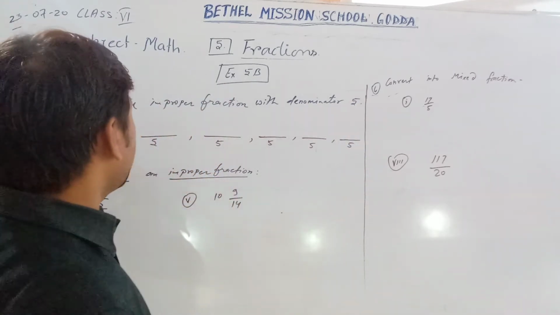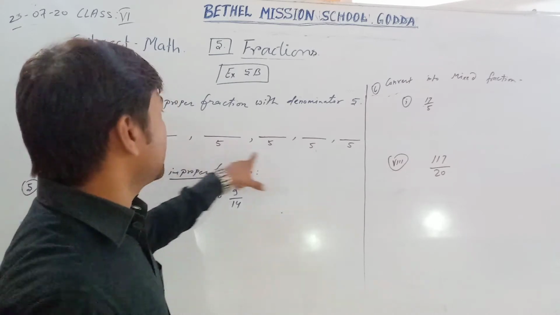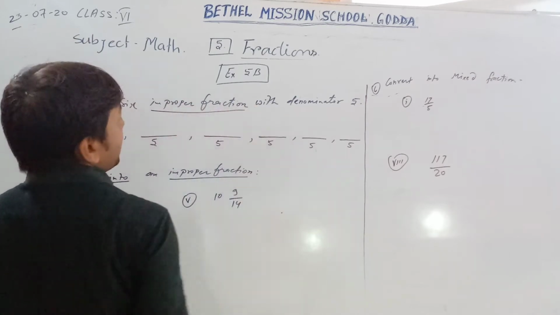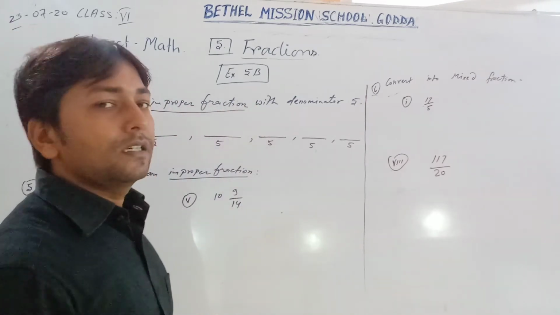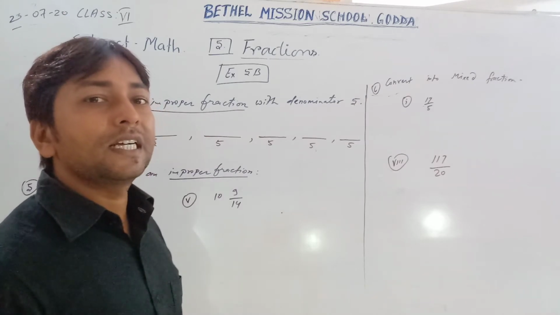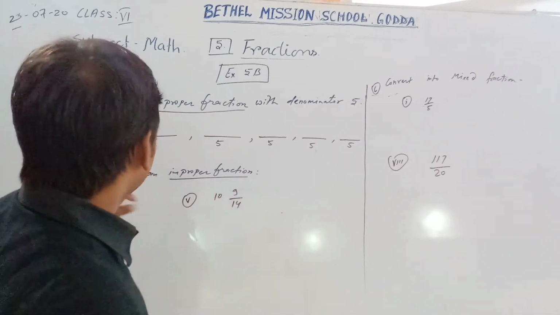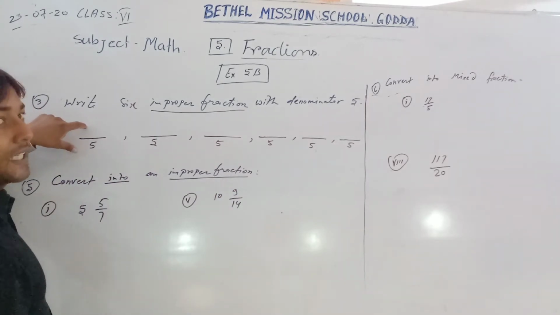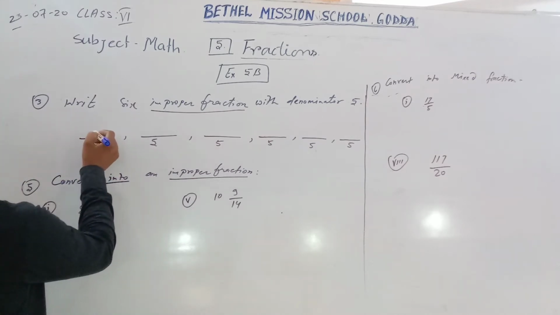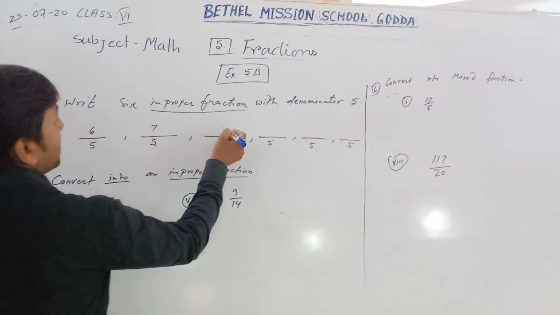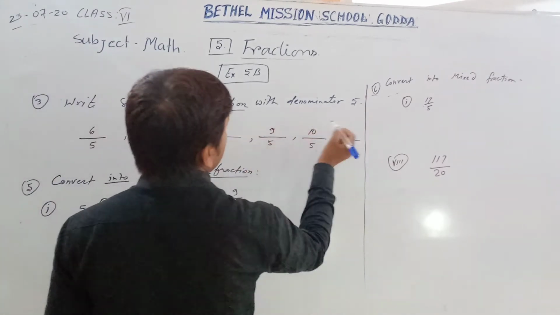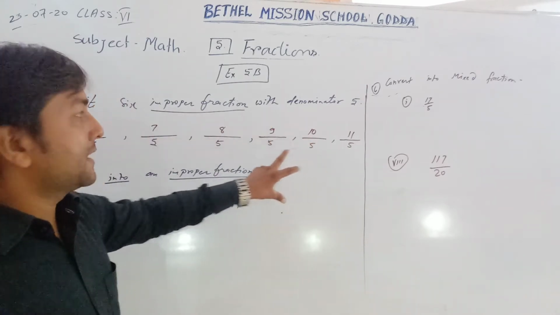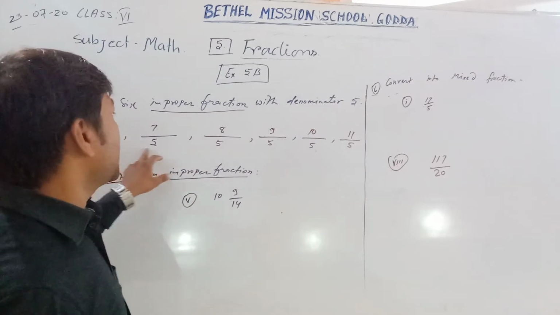Improper means the numerator is greater than the denominator, so whatever you write as the numerator should be greater than 5. You can write 6, 7, 8, 9, 10, or 11. These are the improper fractions I have written with denominator 5.